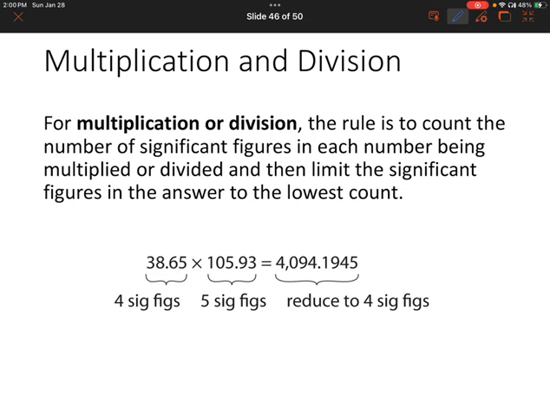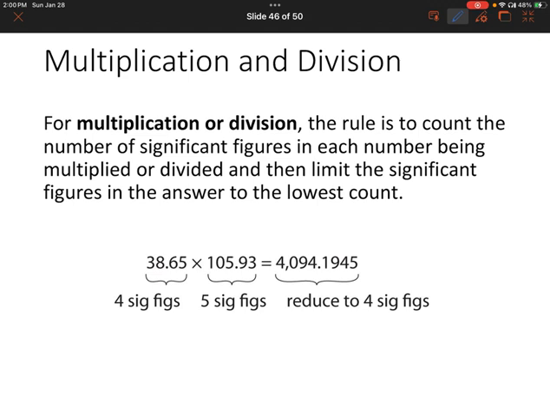And then we're trying to get the area of that object. So we're going to multiply those numbers together. So the first value has 4 sig figs because each of those digits is a non-zero digit. The second number has 5 sig figs. We do have a 0, but it's in between 2 non-zero digits, so it counts.